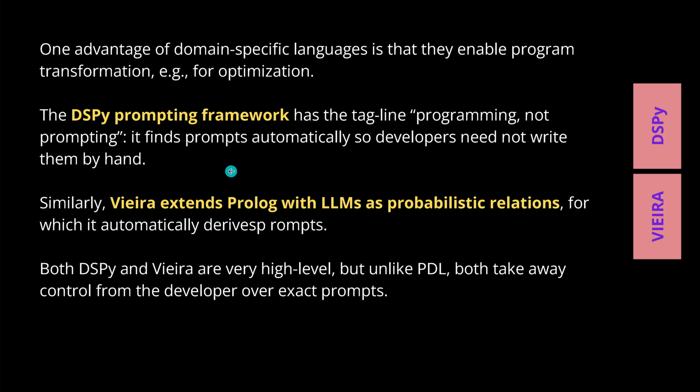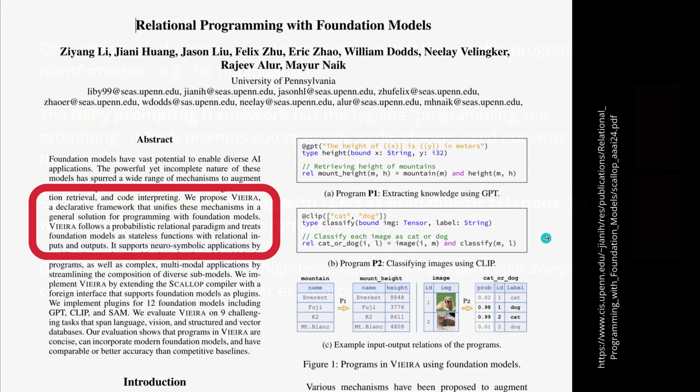And of course, parallel to DSPy, you have Vieira. It extends Prolog with LLMs as a probabilistic relation, which automatically derives the prompts. So with either system, if you're not familiar with the second system, I was not familiar with the second system.